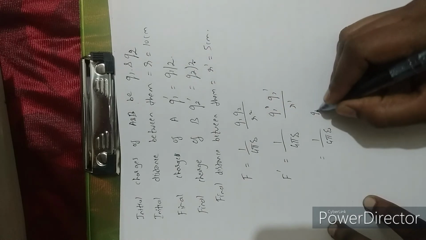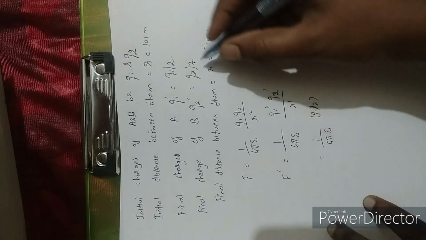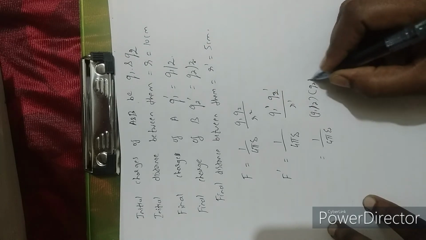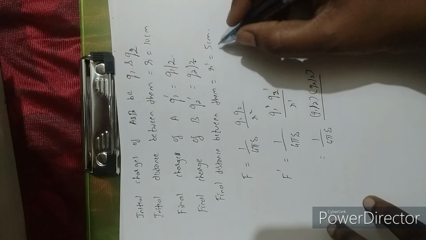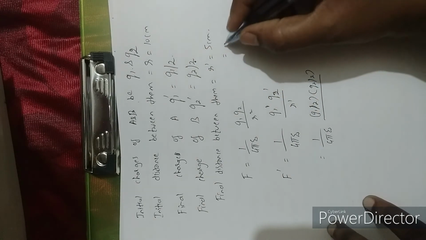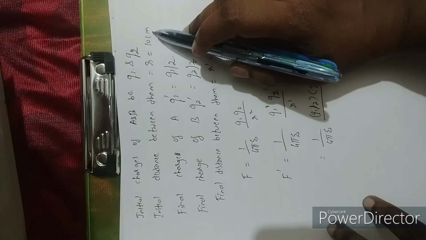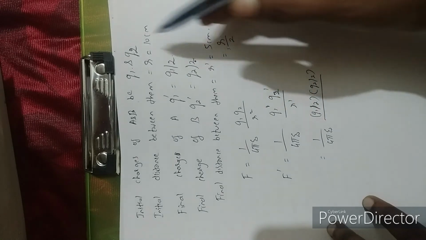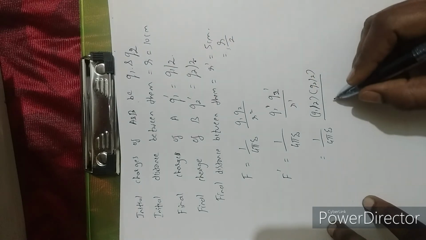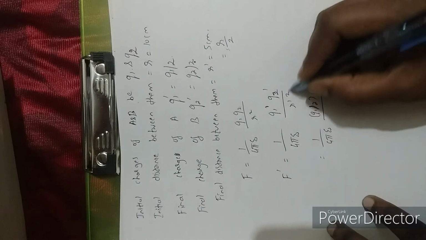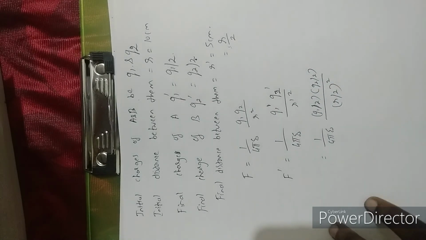Q1 by 2. And what is Q2 dash? Q2 by 2. Divided by, how is your R dash? R dash is actually R by 2. Initially the distance of separation between them was 10. Finally it is 5. It means that it has been reduced to half. So R dash is R by 2, so this is going to be R by 2 the whole square.